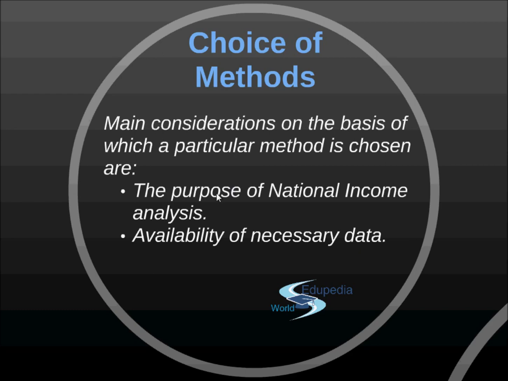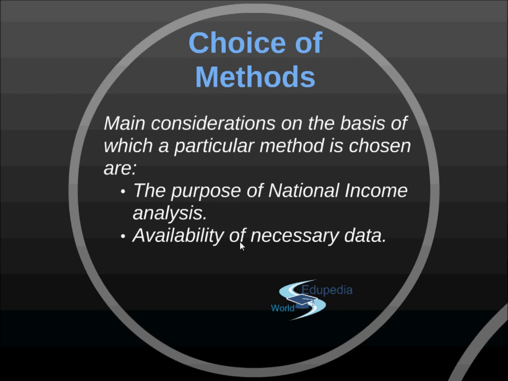Suppose the objective is to analyze the net output or value added, then the net output method is more suitable. In case the objective is to analyze the factor income distribution, then the factor income method is more suitable. And similarly, if the objective is to find out the expenditure pattern of a particular nation, then the expenditure method is more suitable.